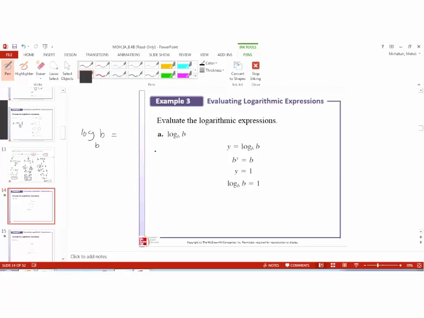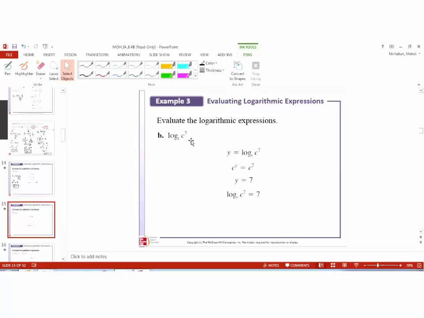Now, if I write this as y is equal to log of b with the base b, and go through the calculation, b to the power of y is equal to b. So you see that y must be equal to 1. So when the base of the logarithm and the argument are the same, this would be always equal to 1. That's something that you can remember and use to reduce or simplify. That's one thing that we can remember.